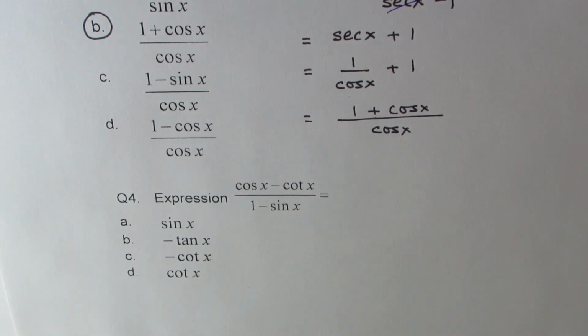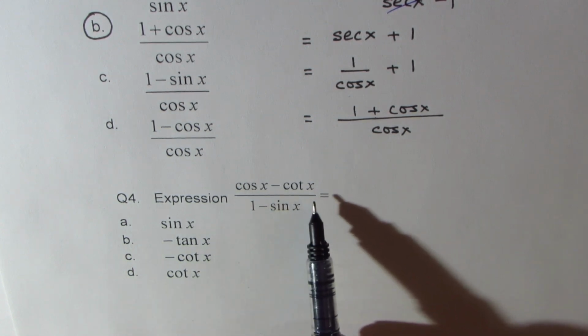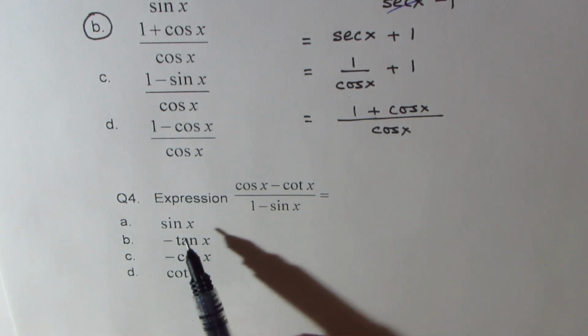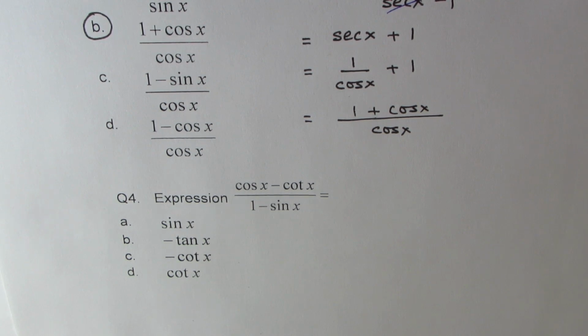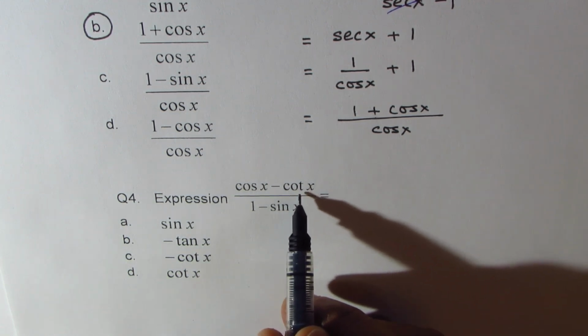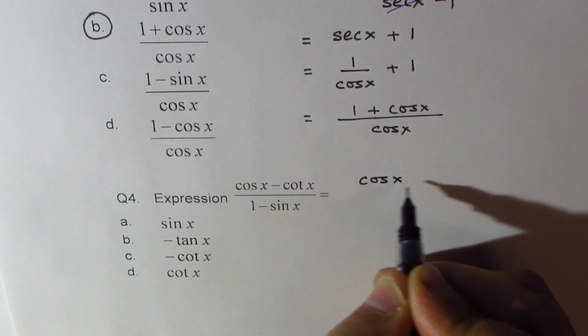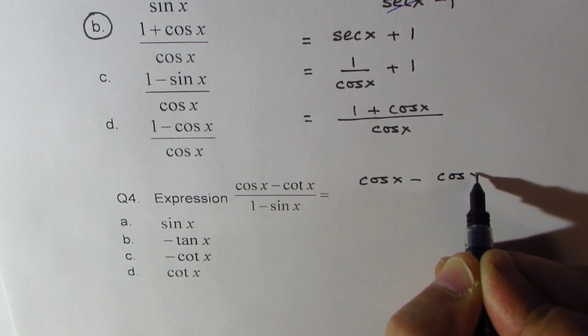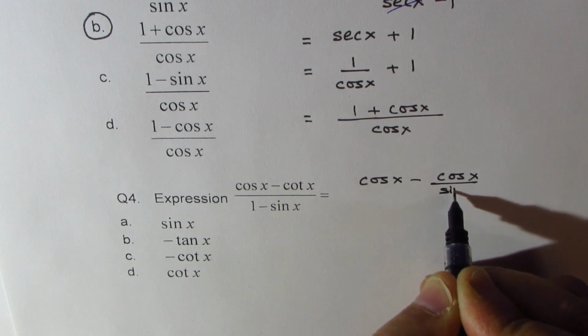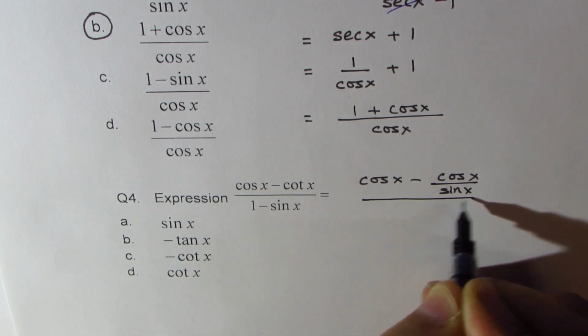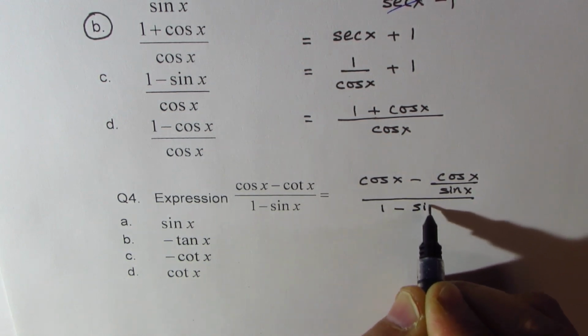So question number 4, here is the expression cos x minus cotangent x divided by 1 minus sin x is equal to what? Now to solve this, what we can do is we can write cot as ratio of cos and sine. So let me write this as cos x minus cos x over sine x, and in the denominator, we have 1 minus sine x.